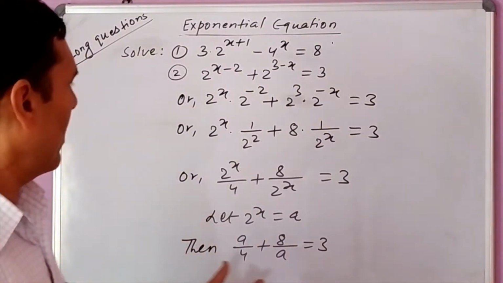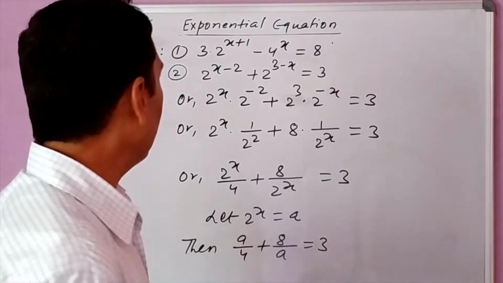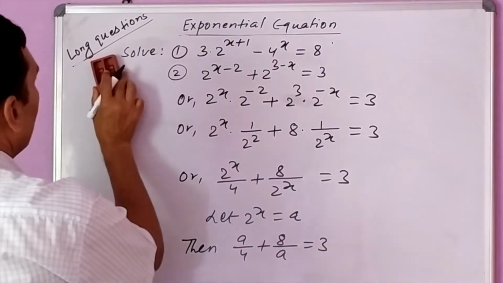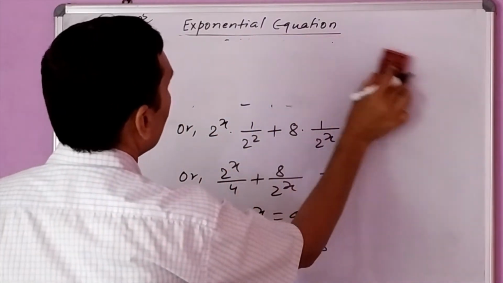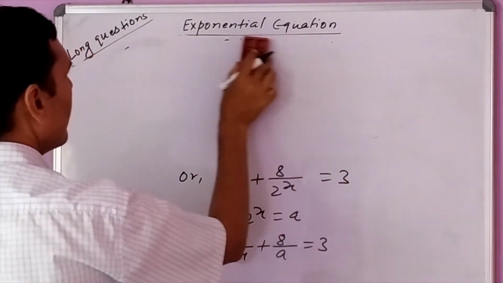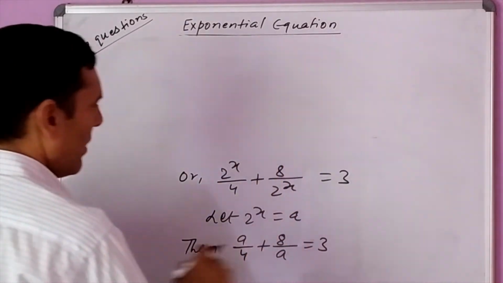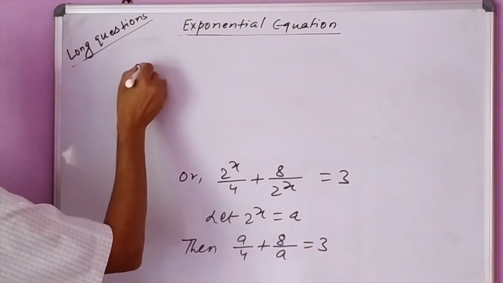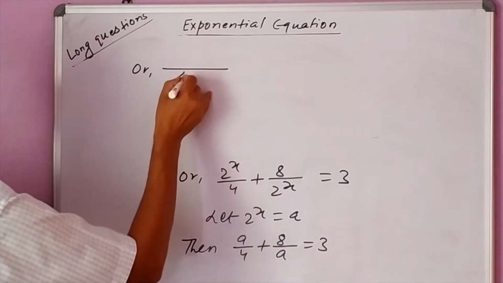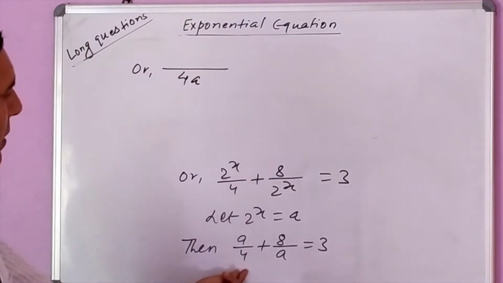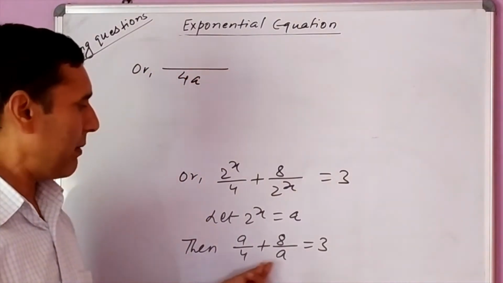Now the equation is converted into an easy form. Now we take the LCM. What is the LCM? LCM is 4a, because we have denominator 4 in the first term and denominator a in the second term.